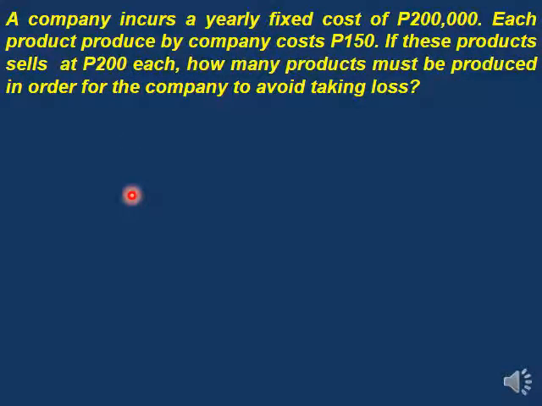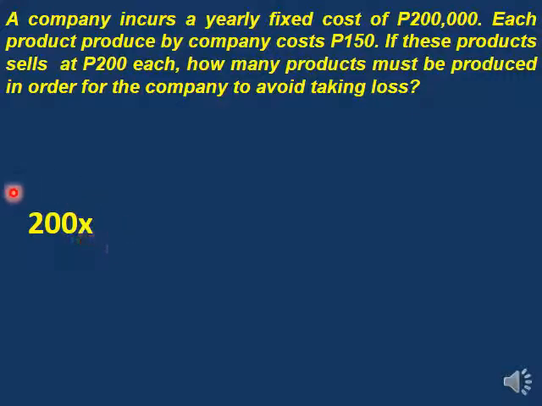Okay, a company incurs a yearly fixed cost of 200,000 pesos. Each product produced by the company costs 150 pesos. If this product sells at 200 pesos each, how many products must be produced in order for the company to avoid taking a loss? Okay, our revenue: 200 is the selling price, times X number of this product.